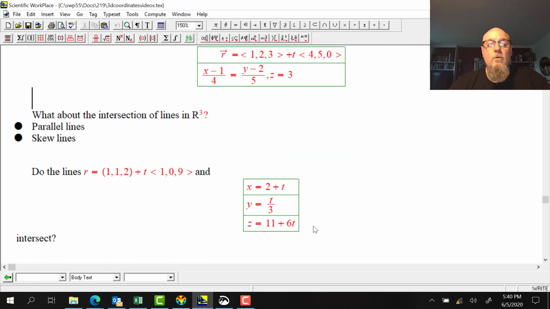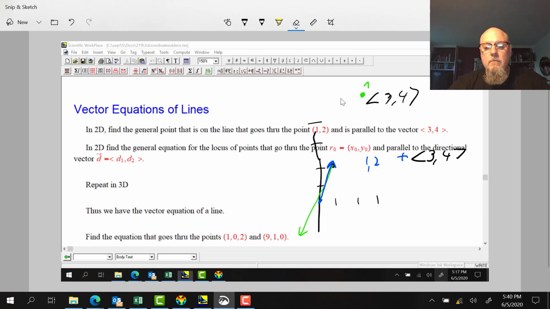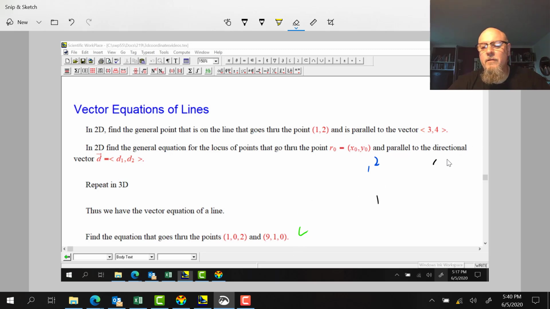All right. What about intersection of lines? Now in 2D, lines are either... I'm trying to erase all this stuff.